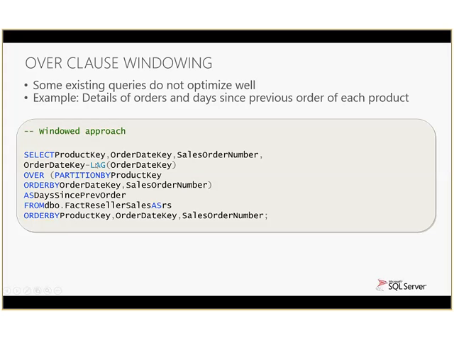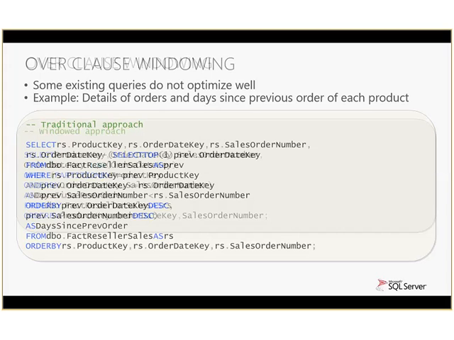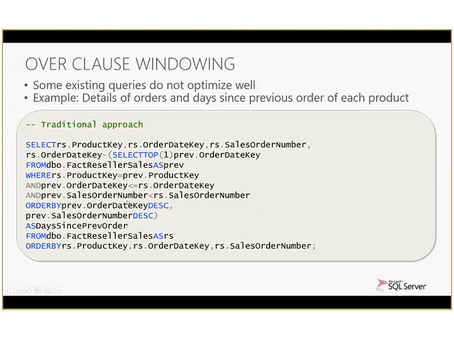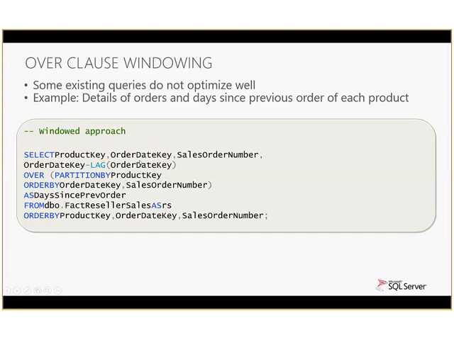So this one's a little bit harder to figure out. You're doing your ordering by the order date key. So you're saying get the order date key minus the previous order date key. So basically how many days or how much time between the latest order and the previous order to that.